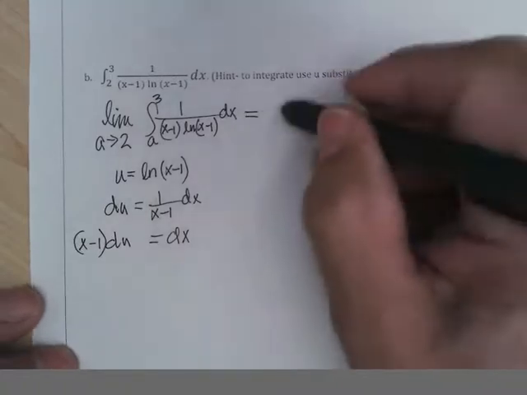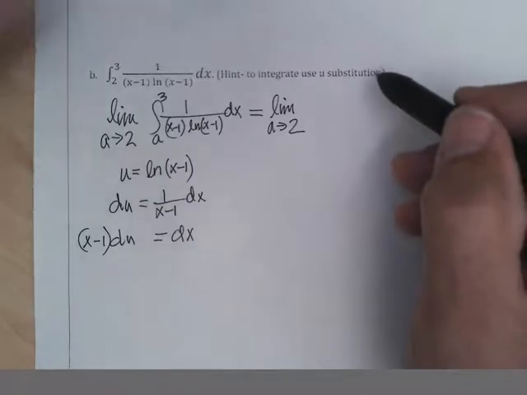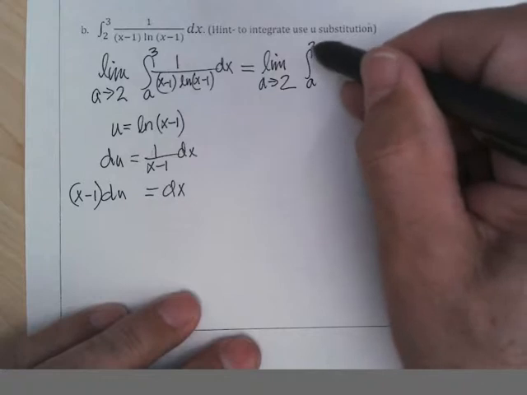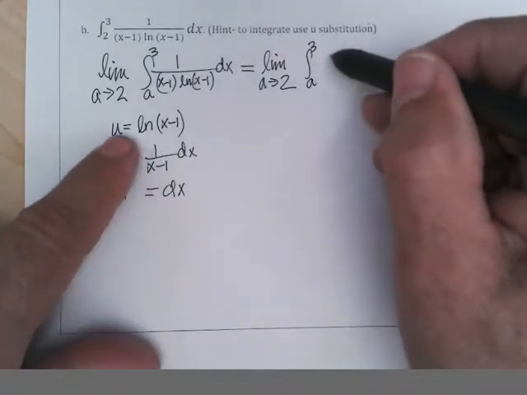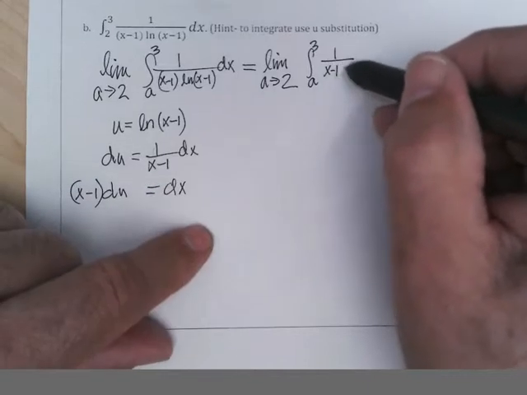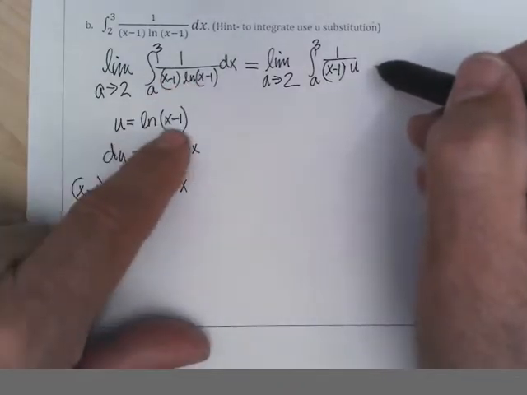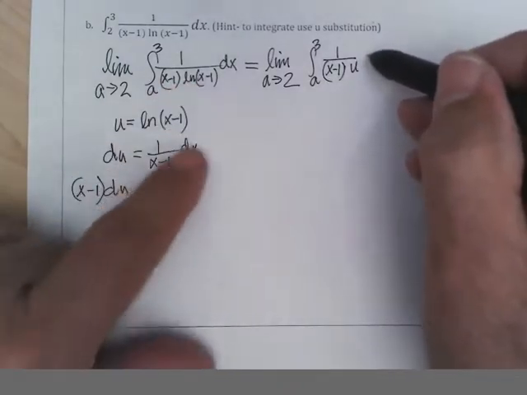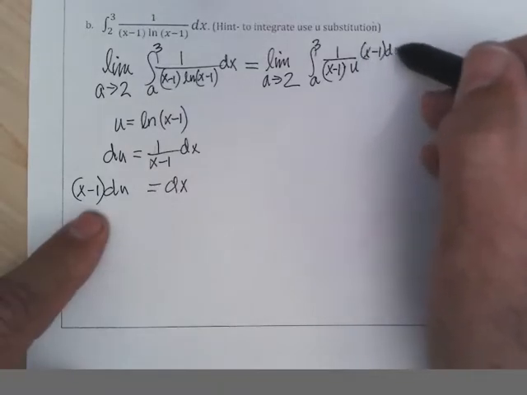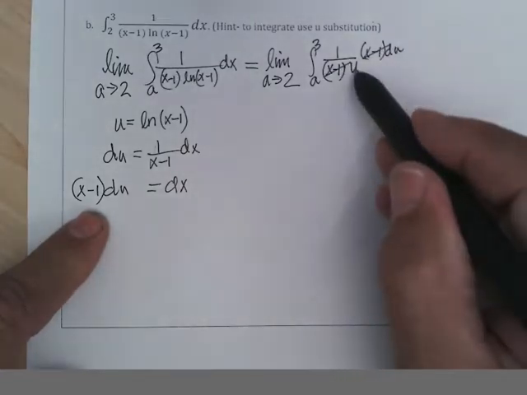And so we get the limit as a approaches 2 of the antiderivative from a to 3 of 1 over x minus 1 times u, because that's what I let u be, and dx becomes x minus 1 du. So I have the antiderivative of u.